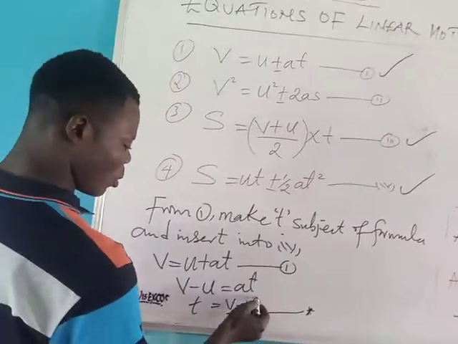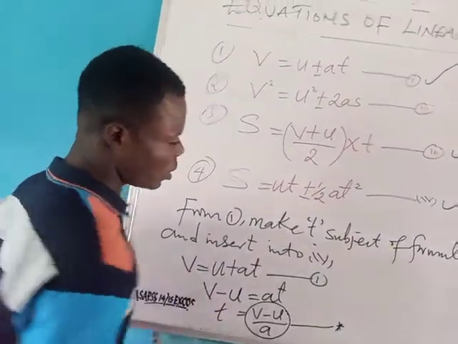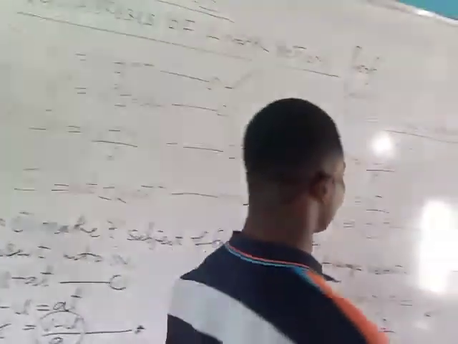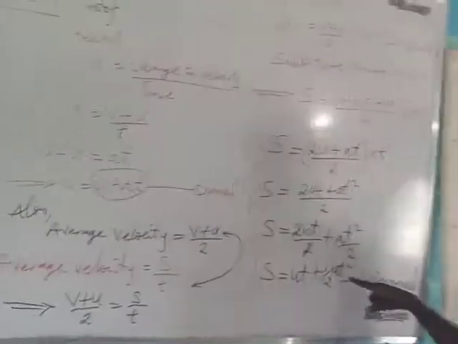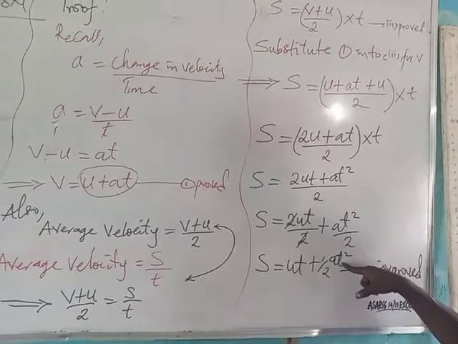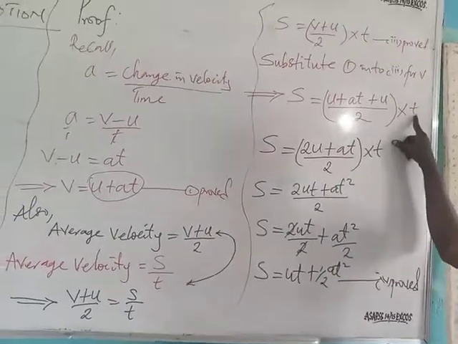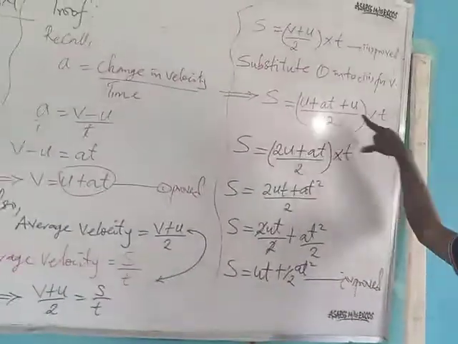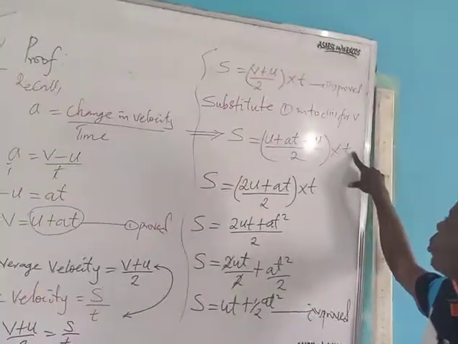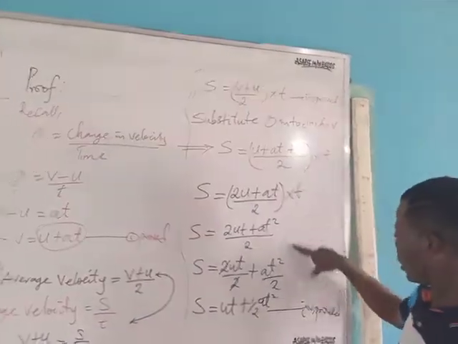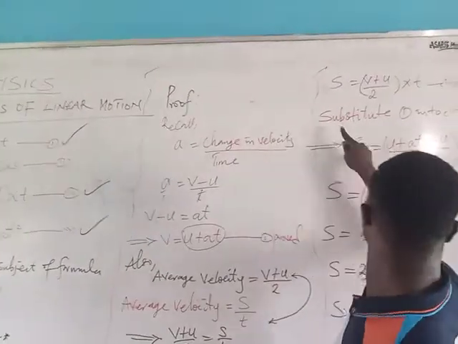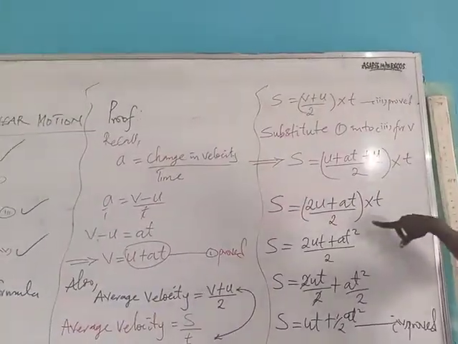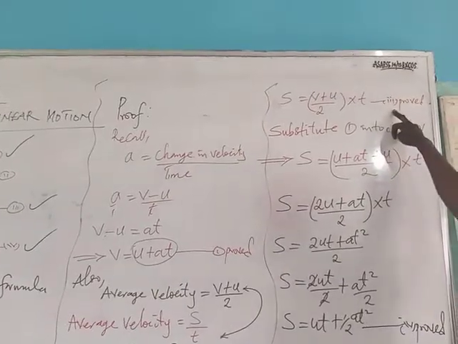Now we are going to substitute this into equation 4. That is, anywhere we see t, we can substitute. Or we can also use this by substituting for t in the equation we just derived, which is equation 3 here.